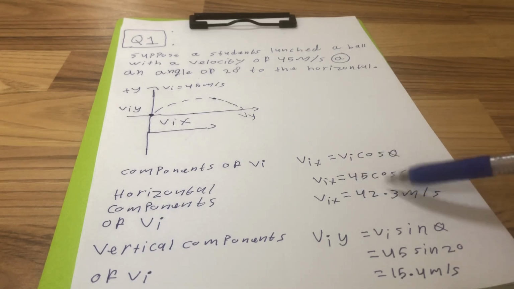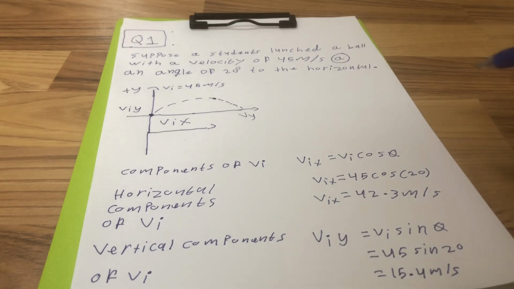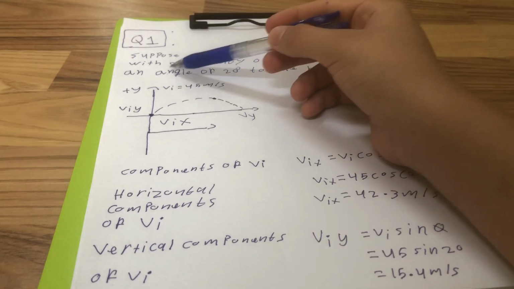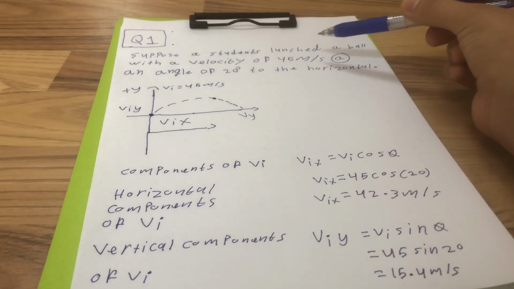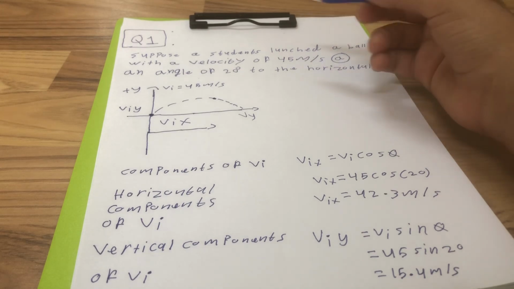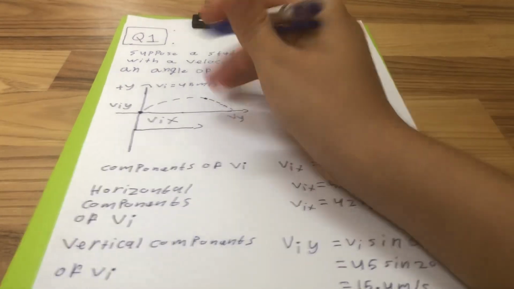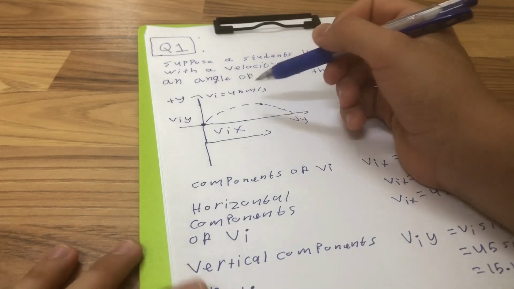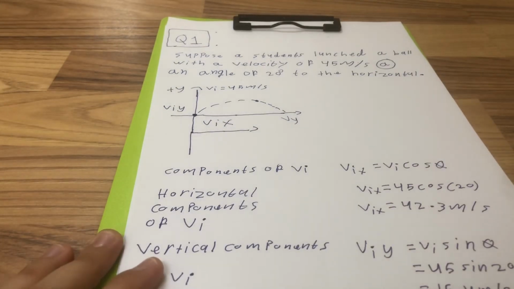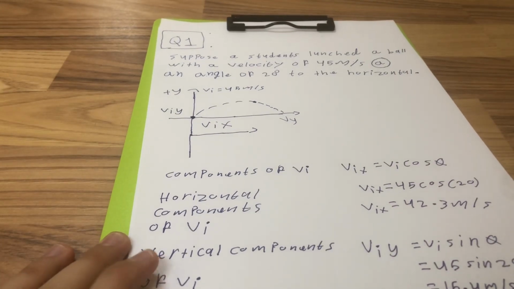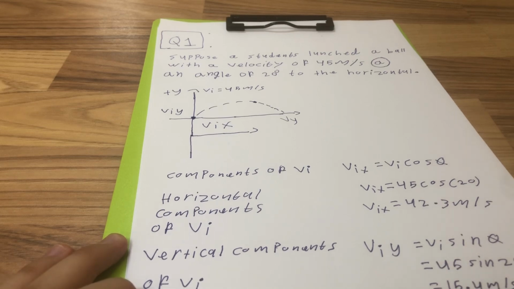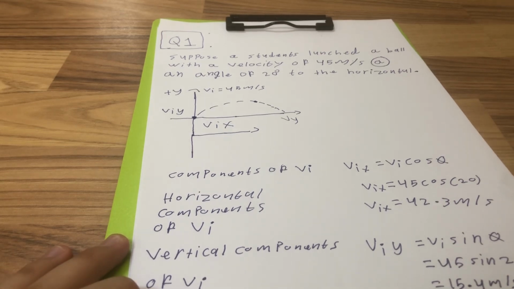So the initial velocity is 45 meters per second. See here, I write VI equals 45 meters per second. Why not VIY? Because now we're going to solve it. VIY is different from VI.